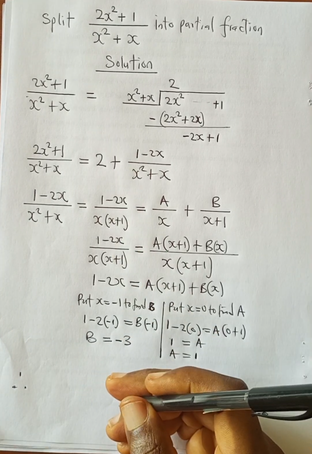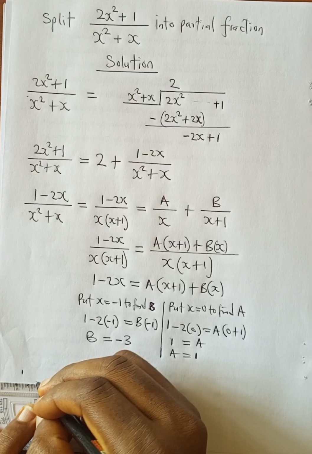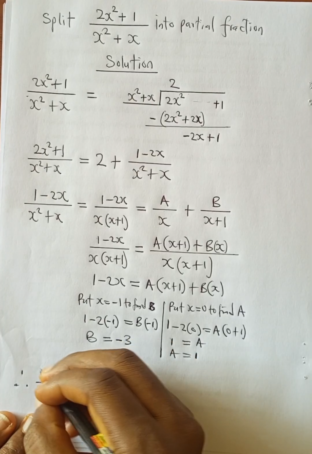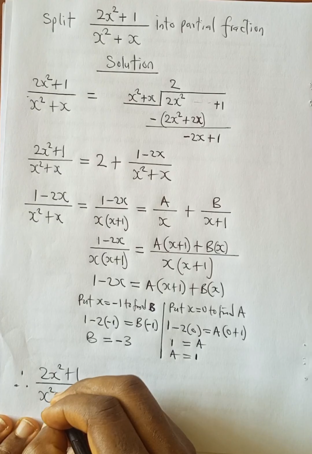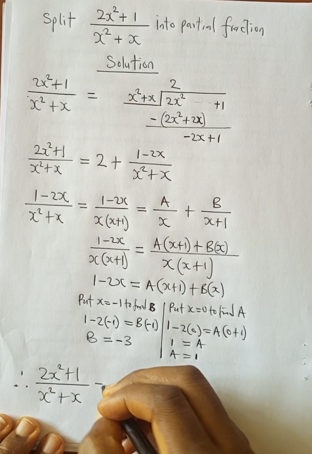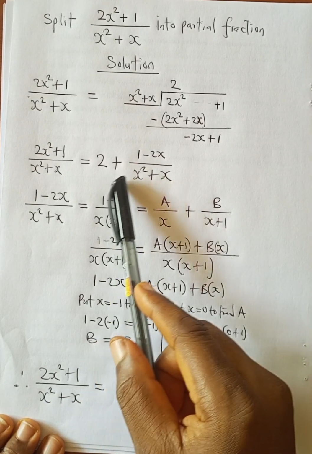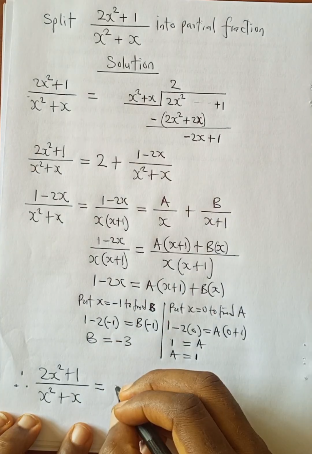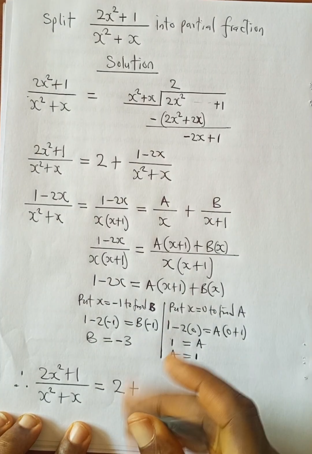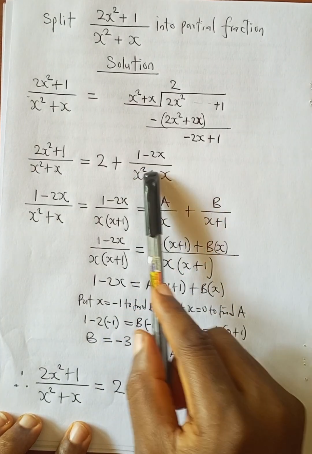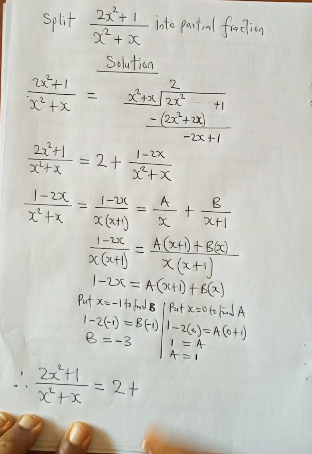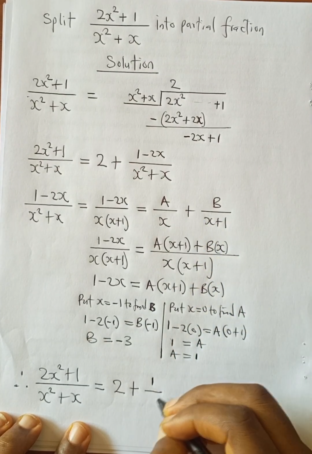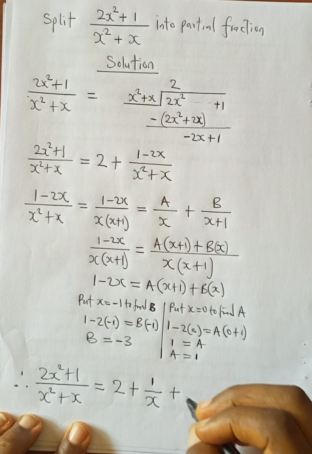So therefore, look at how we present the final answer now. Remember the original expression. Let's start with that. Therefore, 2s squared plus 1 over s squared plus s is equal to, you first of all write this 2. 2 plus, then you see this one that will split into partial fraction. What is a? A is 1. That is 1 over s plus b.